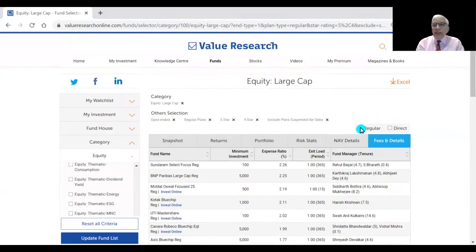So these are expenses in case of regular plan, and these are expenses in case of direct plan. You can get the expenses of the direct plan.